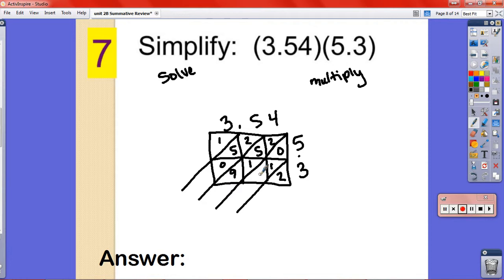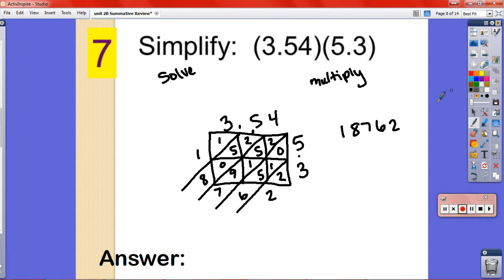And 5 times 3 is 15. Add on my diagonals. 2, 6. That would be 10, 17. Carry the 1. That would be 3, 8. And a 1. So my digits are 1, 8, 7, 6, 2.